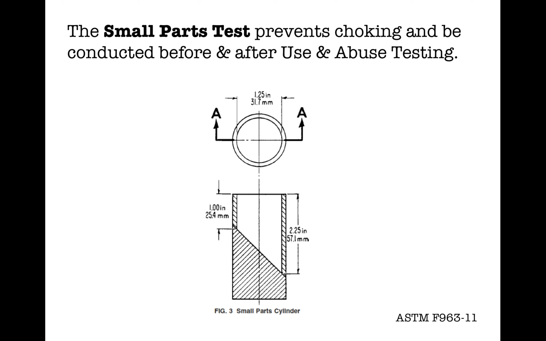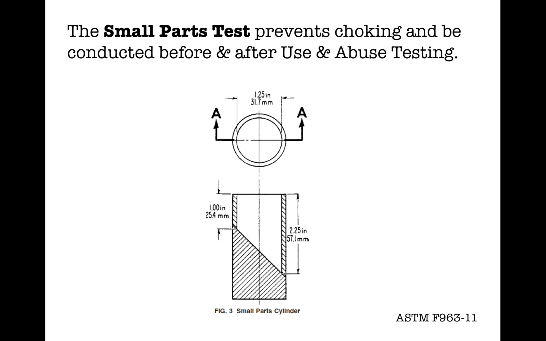So it's a little tube that has the diameter of the average child's esophagus, and the depth of an average child's esophagus. So you would place your toy inside of this tube, and the toy would sit within this cylinder, kind of in this little trapezoidal well, and if it sits within the well without it popping out from the top, you have failed the small parts test.